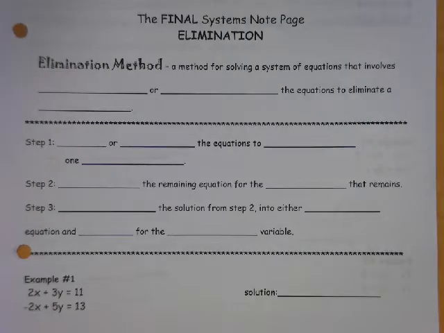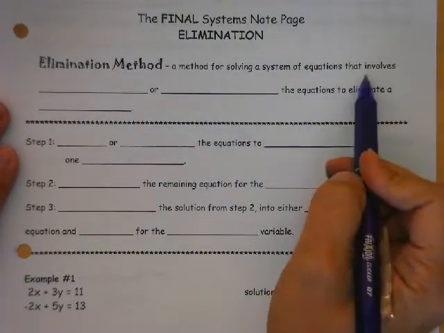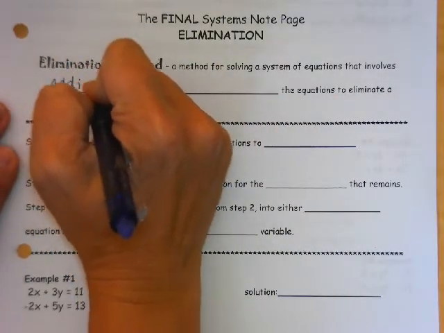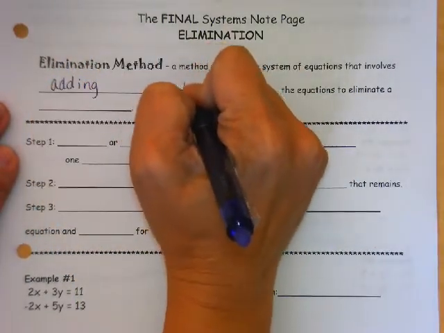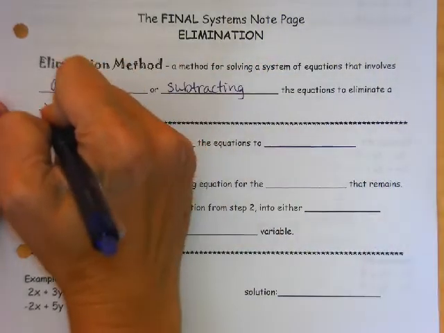This is sort of our last elimination method of solving systems. The elimination method is a method for solving a system that involves adding or subtracting equations to eliminate a variable.